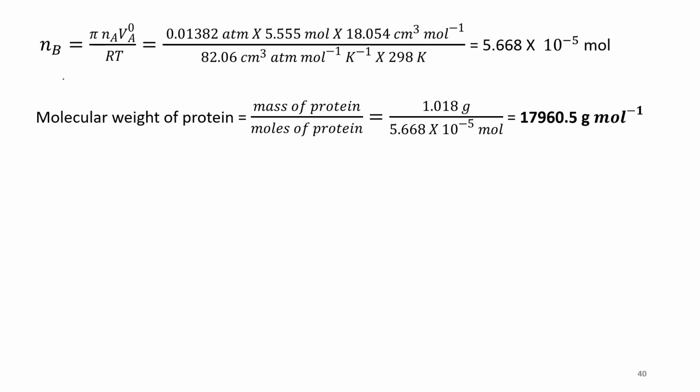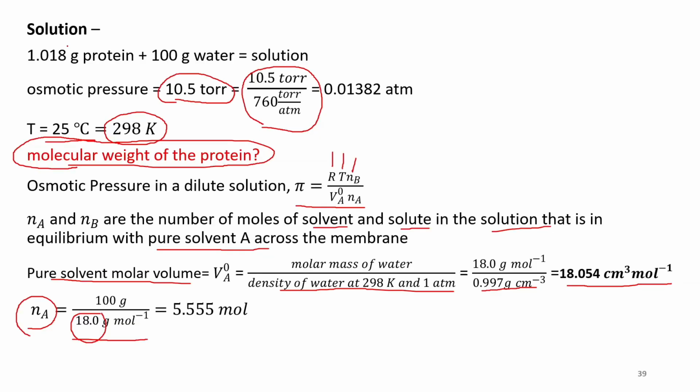We can calculate Nb from the formula, because we already know the osmotic pressure, which is 0.01382 atm.